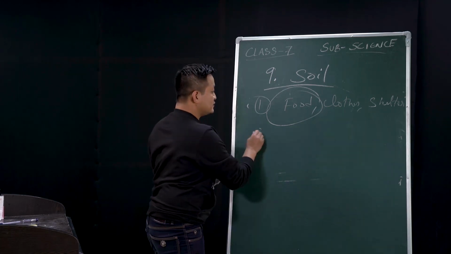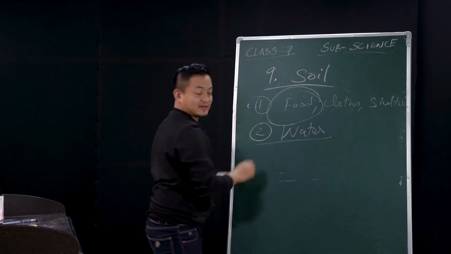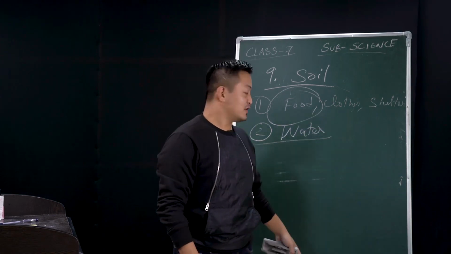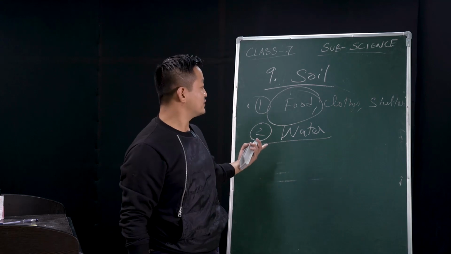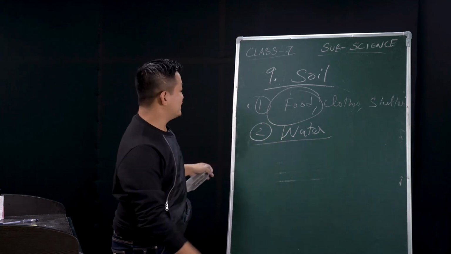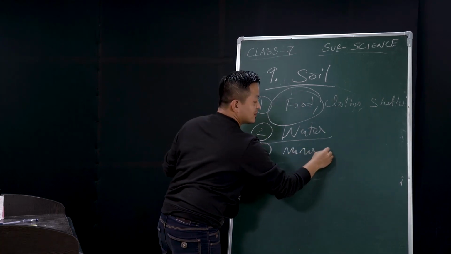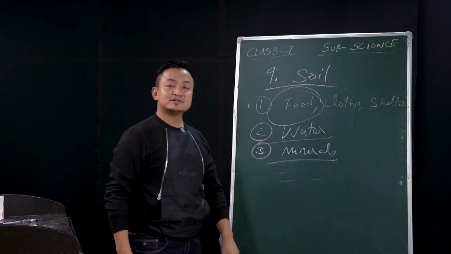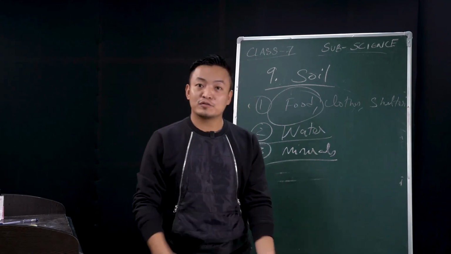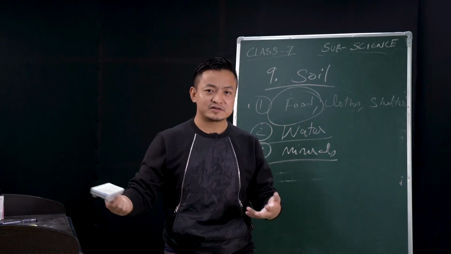Now, water. We are dependent on soil because soil also gives us water. Clear? Now, minerals. What about minerals? Like jewelry. Everyone likes jewelry, right? Not only girls.